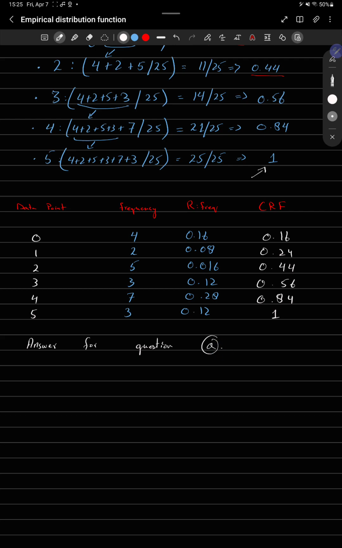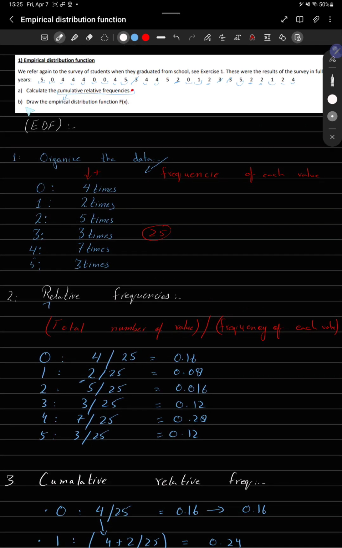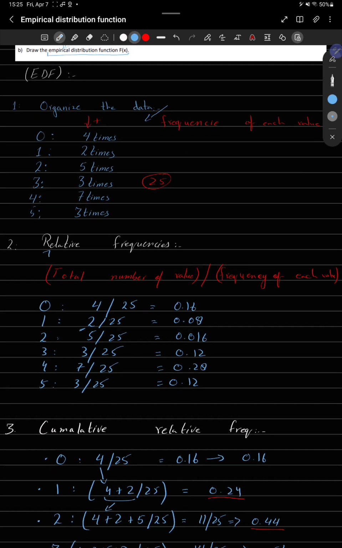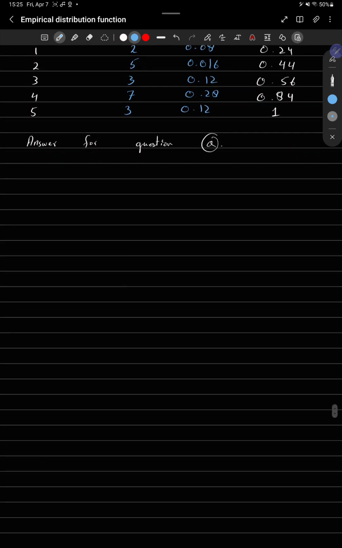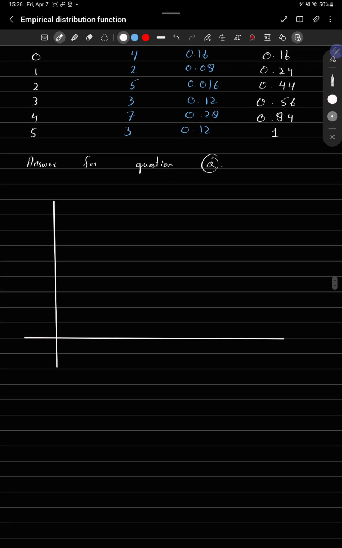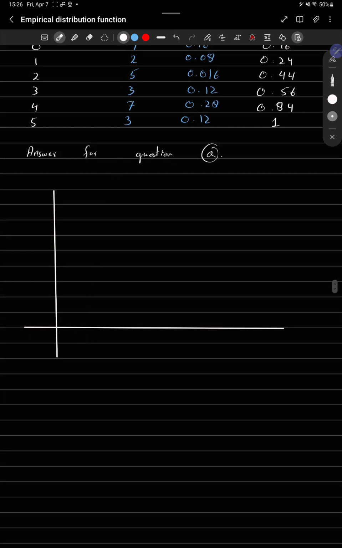That was question 1 part A. Now we have question number B, to draw an empirical distribution function F(x). To solve this, the best way is we will draw the y-axis, then we draw the x-axis. Okay, we will give numbers.